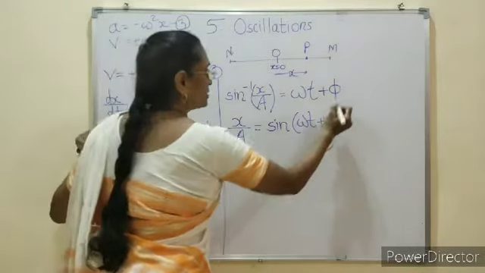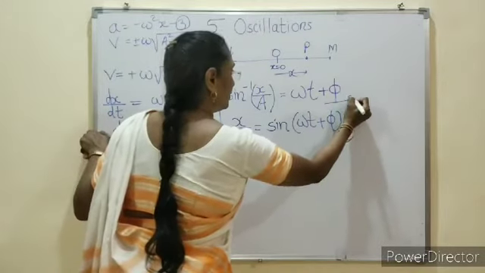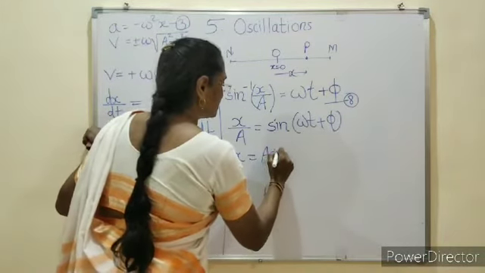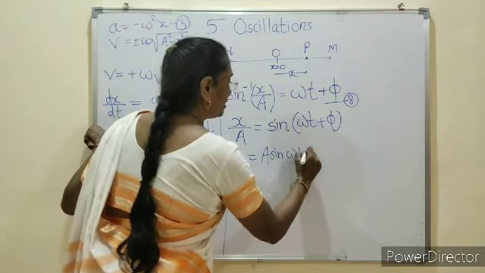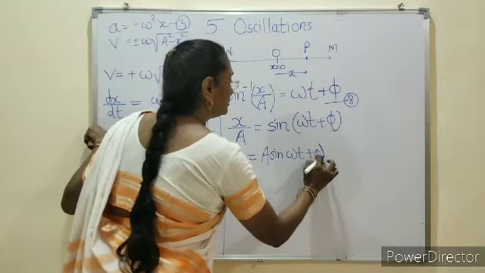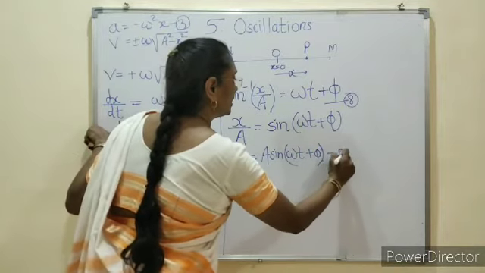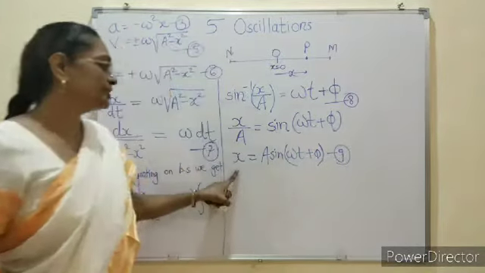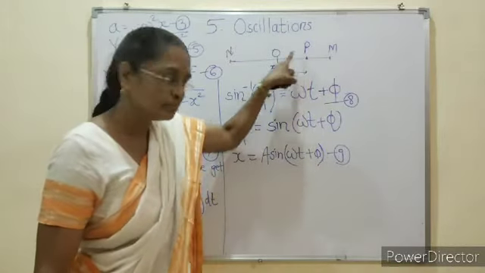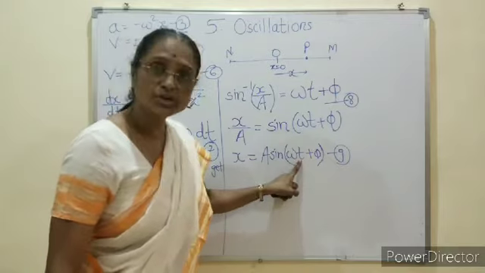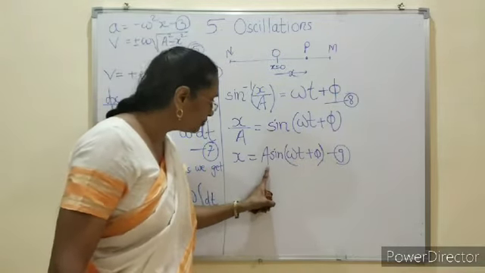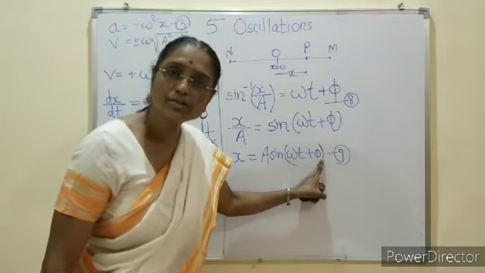Now the new equation is x is equal to a sin(omega t plus phi). This is equation number 9, which represents the displacement of the particle at point P at time instant t. The general expression is x is equal to a sin(omega t plus phi).